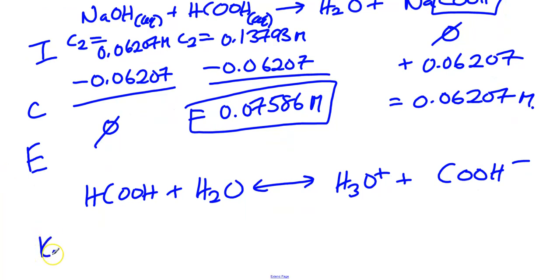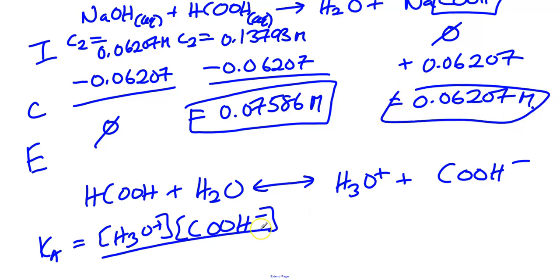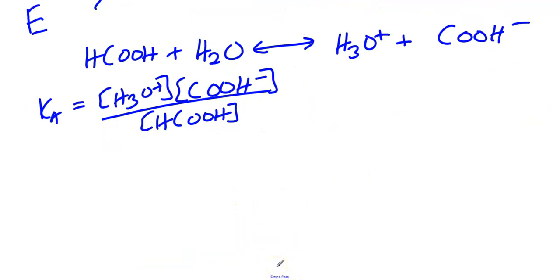So our Ka expression is going to be the hydronium, which we don't know, times our HCOO minus, which we do have, over our HCOOH. Okay, so essentially to find the pH, we can find it by getting the hydronium concentration here.